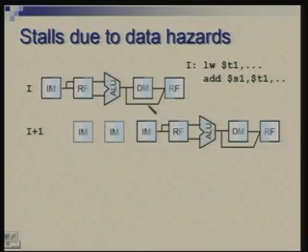So, assuming that the register file is inherently a little faster as compared to ALU and memories, and the time for the clock cycle is dictated by the other units. Just as an example, suppose register file read write time was 1 nanosecond and ALU time was 2 nanoseconds, instruction memory and data memory access time was also 2 nanoseconds. Okay.